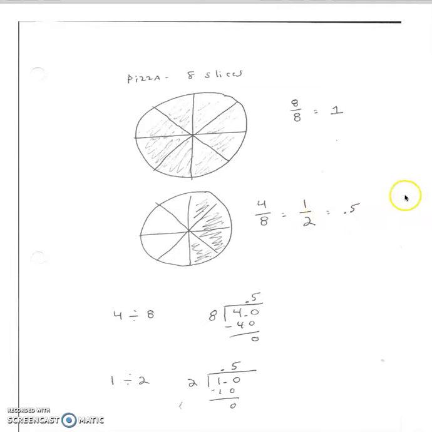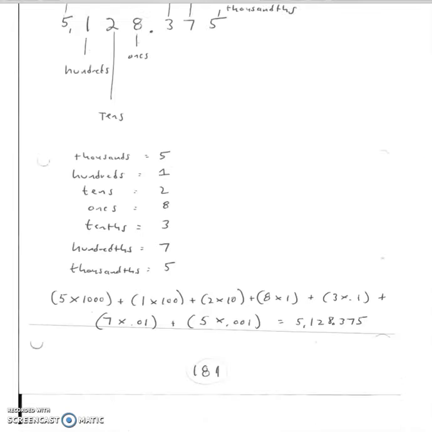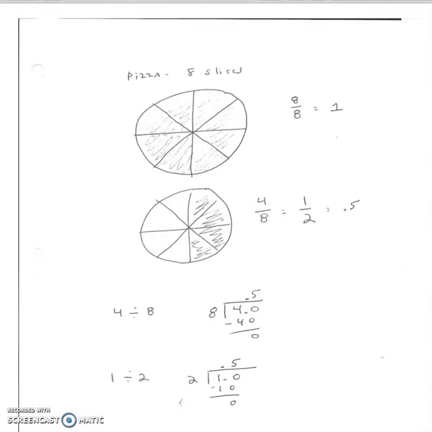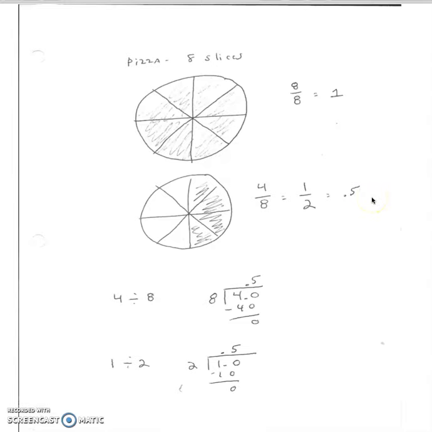We know based on place values that the 5 is in the tenths place. To get a percentage, we take the 0.5 and multiply it by 100, which really means we move the decimal point 2 places to the right, and that gives us, in this example, 50%. Good.